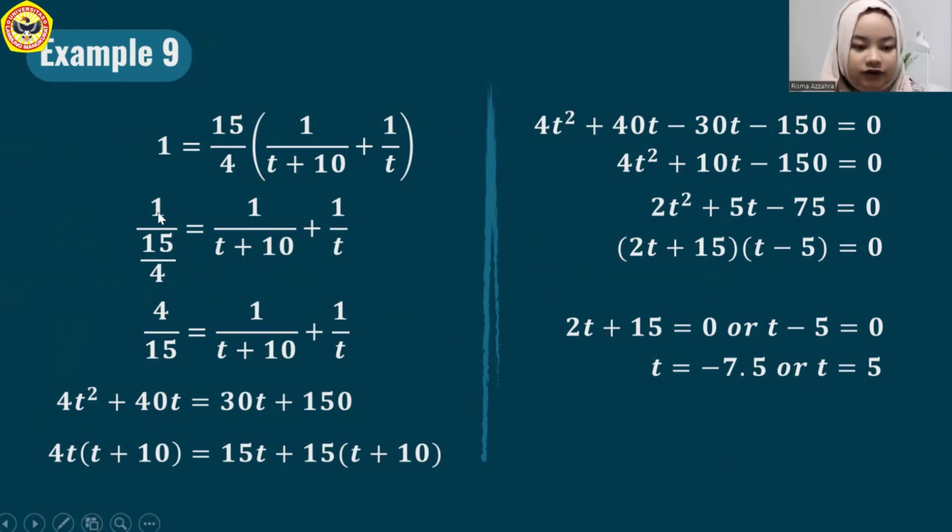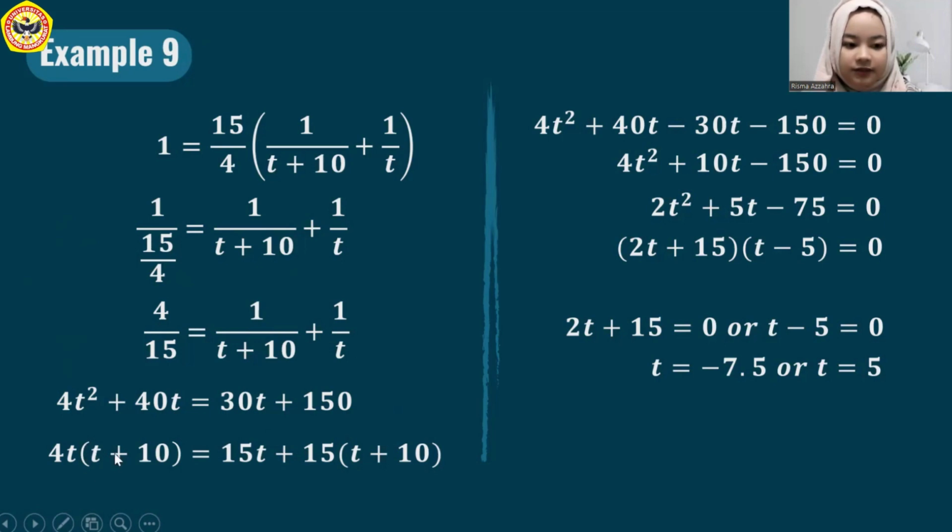Then we have to divide by 15 over 4, so 1 over 15 over 4 equals 1 over t plus 8 plus 1 over t. So 4 over 15 equals 1 over t plus 8 plus 1 over t.